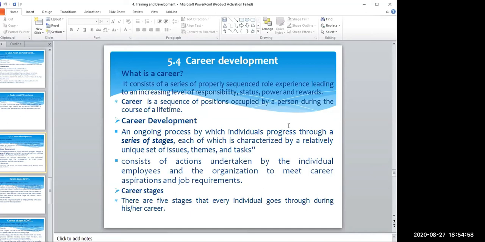And the second one, the learning evaluation level, will evaluate how the learner gained knowledge, where their skill was improved and the like.